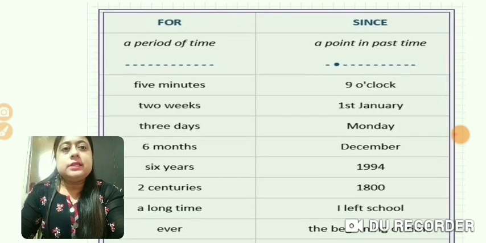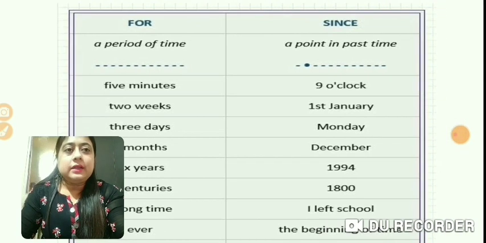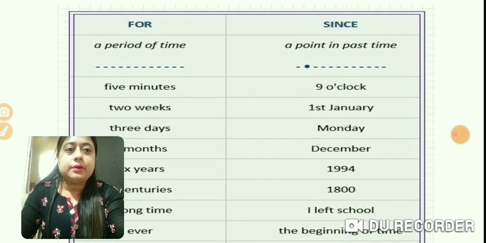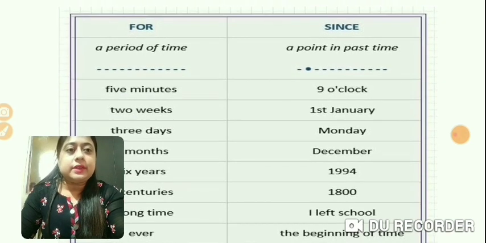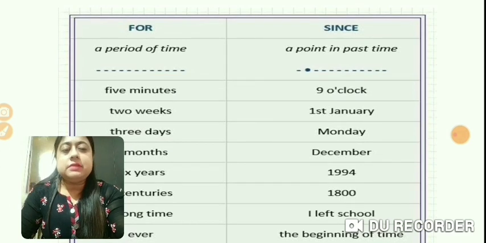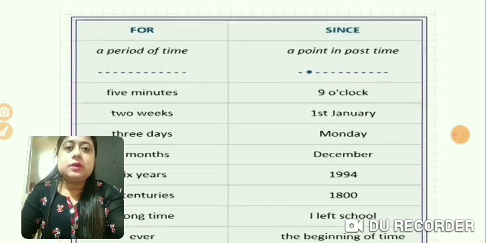These all are time spans, a period of time. There we will use for. And when we talk about 9 o'clock, 1st January, Monday, December, 1994, 1800, when I left school, at the arriving time, these are particular points mentioned. So there we will use since.